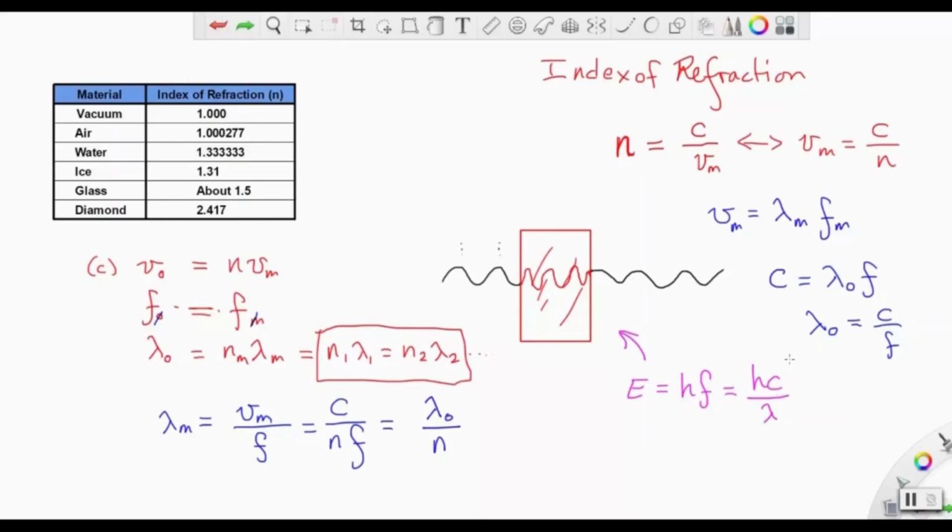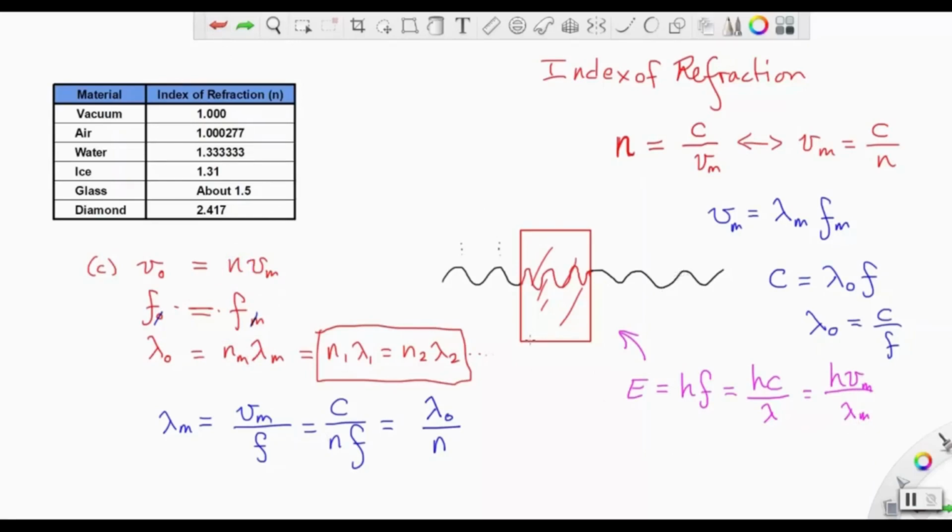If we were to look at it inside the material using the second portion of the equation, well, then we would say Planck's constant has not changed. Has c changed? Why, yes, it has. It's changed to some velocity inside the material. Has the wavelength changed? Why, yes, it has, by the wavelength in the material. And so those would have scaled together by a factor n. So the energy stays the same.